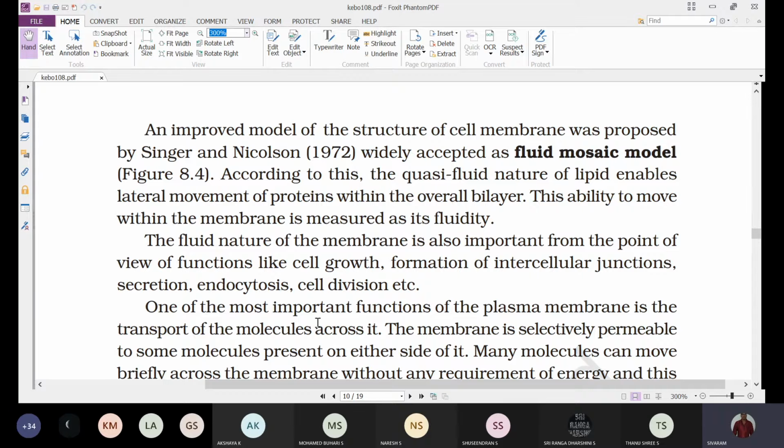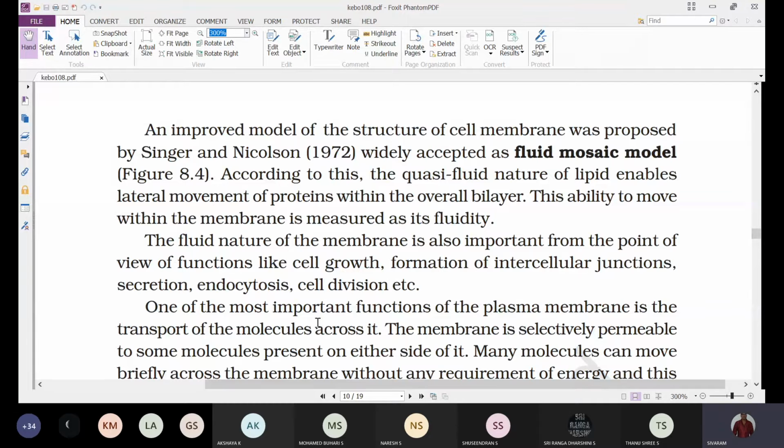If any molecule is moving within a structure, it is possible only when the structure has a certain fluid nature.